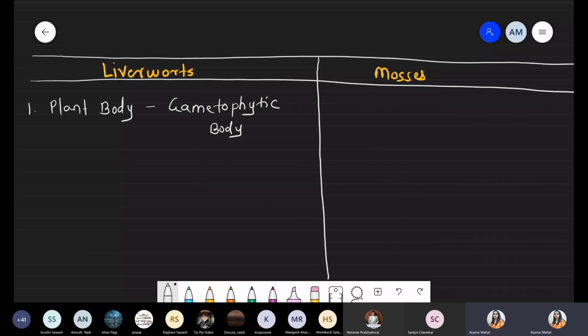Gametophytic body means the body that produces the gametes further. The word gamete represents that these bodies are haploid in structure, not diploid. N simply means the haploid condition.